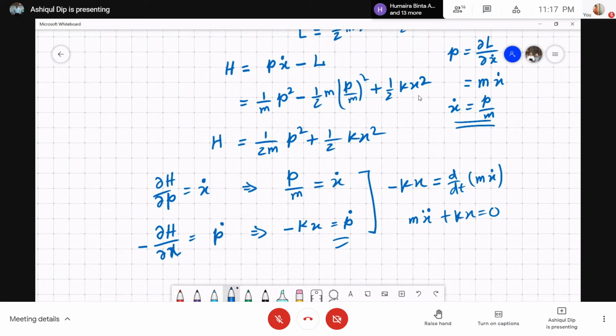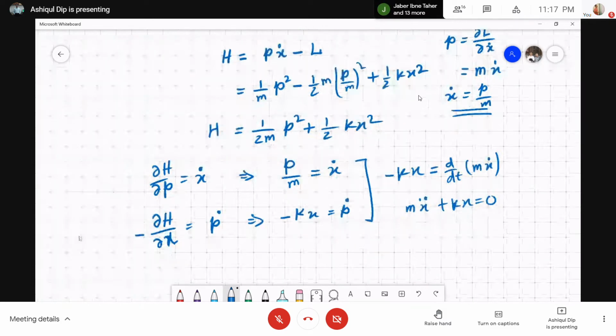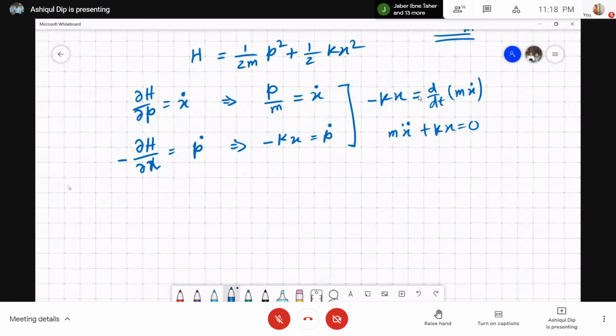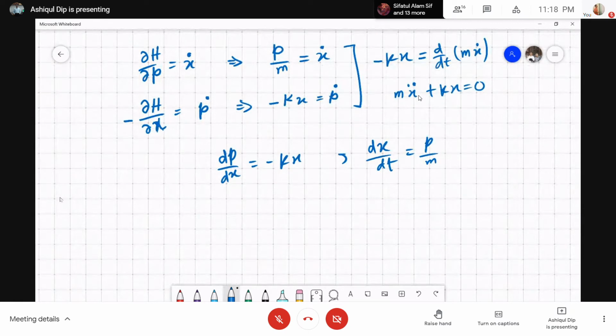But when you want to integrate this thing, you do not substitute. What you do is, in many cases it works, it won't work. So here you have two equations, that is dp over dt equals to negative kx, that is one equation, and another is dx over dt equals to p over m. You just do this thing by chain rule.